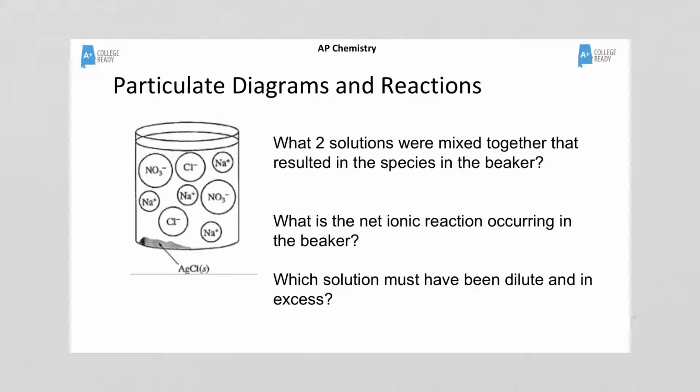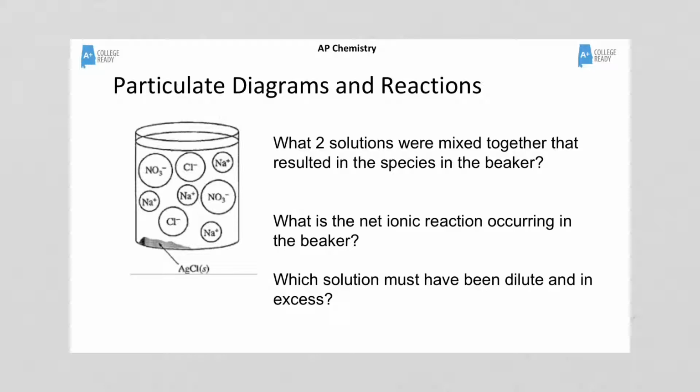So we would have to have Ag ion with something, and we'd have to have the chloride ion with something else. So hopefully you'd figure out that it would have to be sodium chloride and silver nitrate. So from that, thinking of that double replacement reaction, come up with the net ionic. And then which solution must have been dilute and in excess.